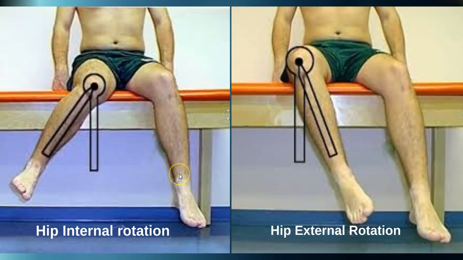Okay, and here is hip internal rotation and hip external rotation. Again, it looks a little off-putting because you're worried about the tibia and the foot here and where that's going, and you're looking at that going, well, that's going away, so how can that be internal rotation? Because what we're talking about here is rotation of the femur, and that femur is rotating in towards the other leg.